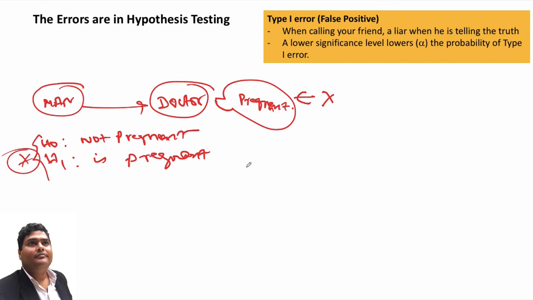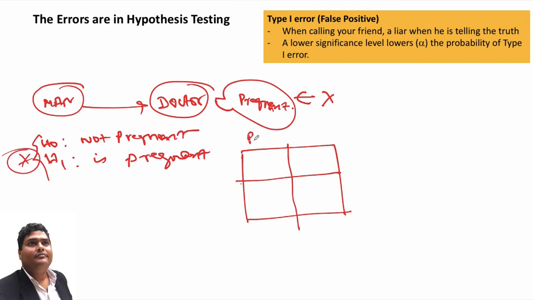Okay, before I move ahead, let's understand this table. This is rejected, this is not rejected, and the claim is true or the claim is false. So this is alpha, this is 1 minus alpha, this is beta, and this is 1 minus beta.